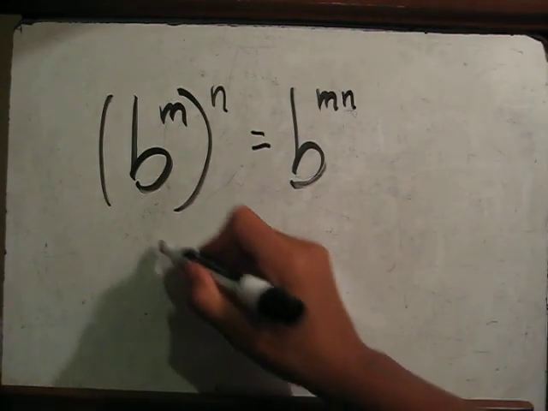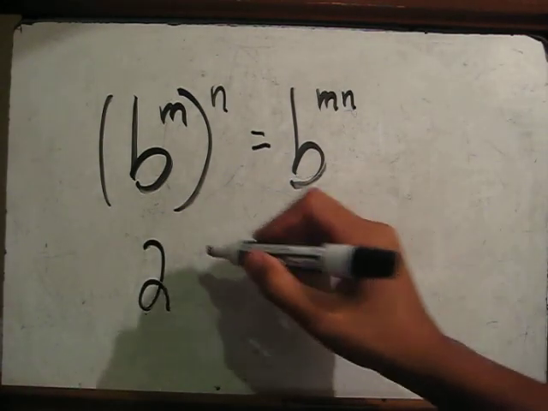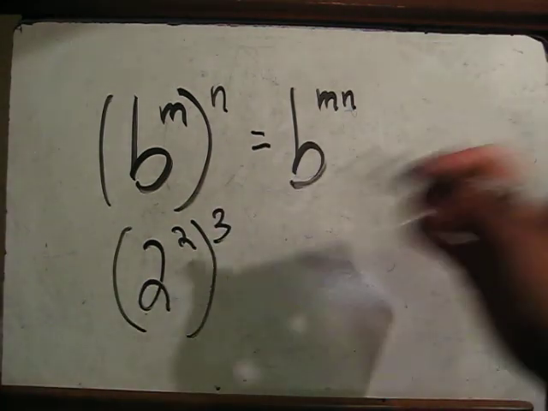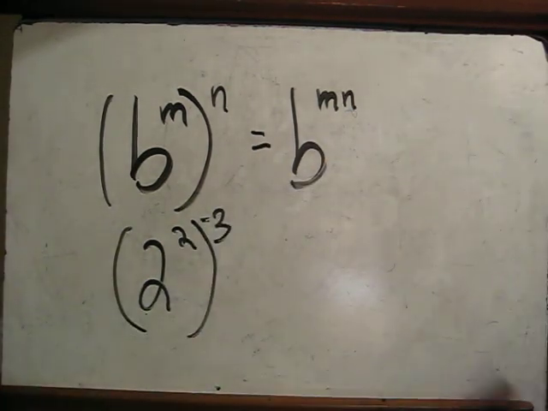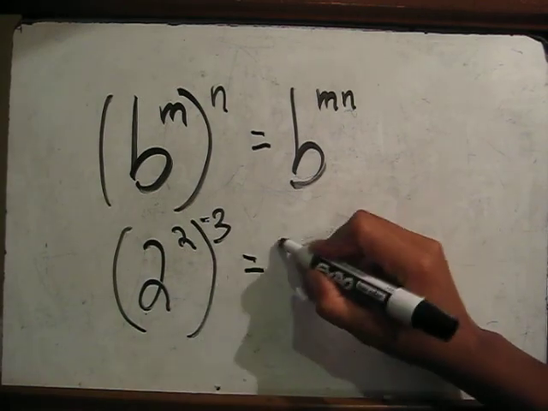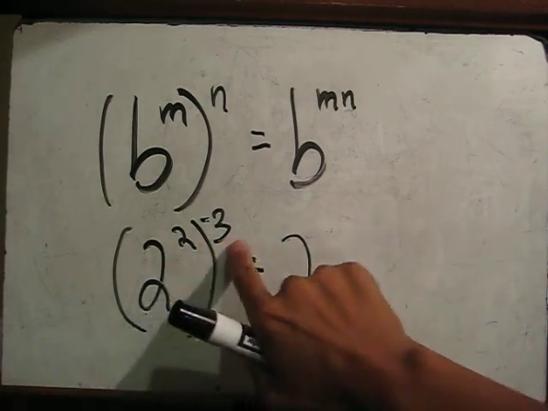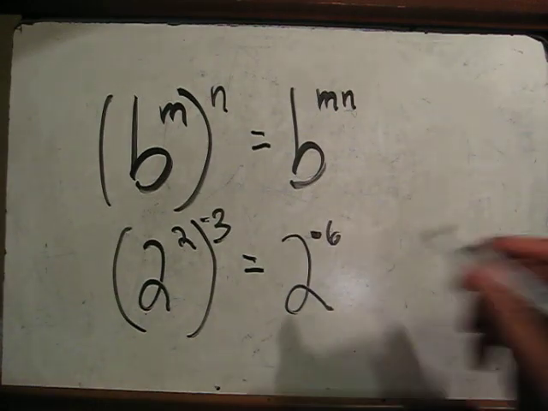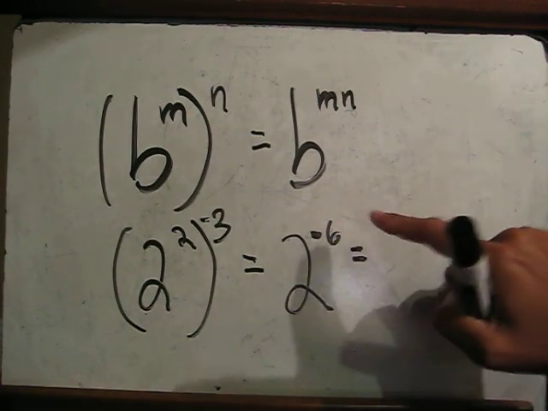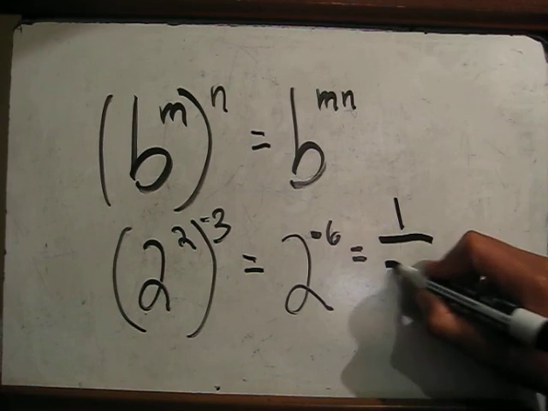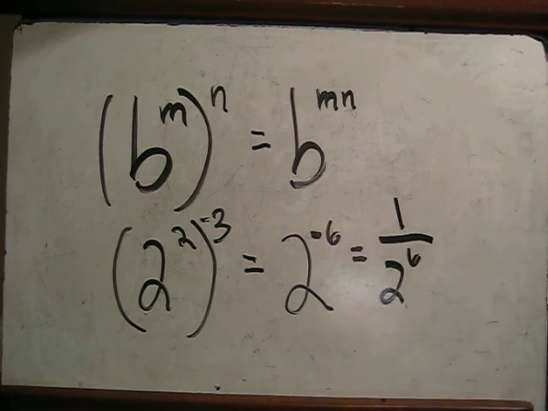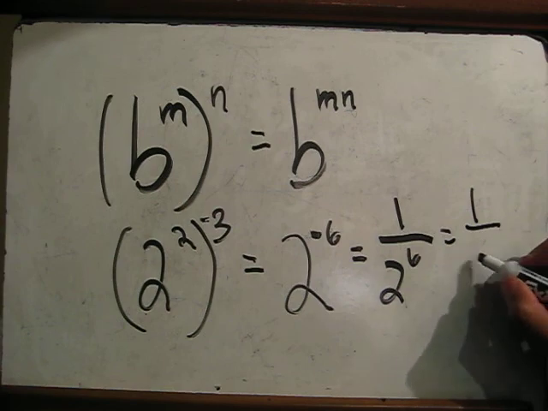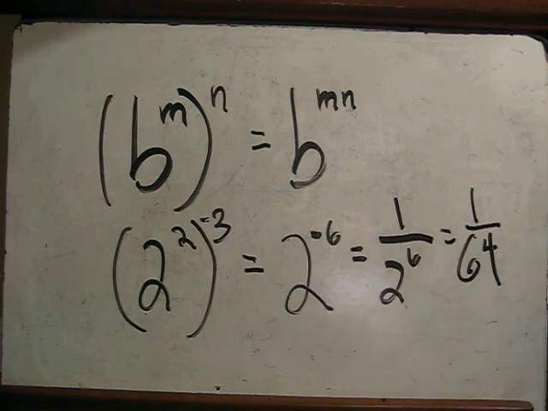So for instance, if we have 2 to the second power, to the negative third power, that equals 2 to the 2 times negative 3, which is negative 6. But remember, we don't want a negative exponent. So 1 over 2 to the 6th power. That can be simplified to 1 over 64, 1/64.